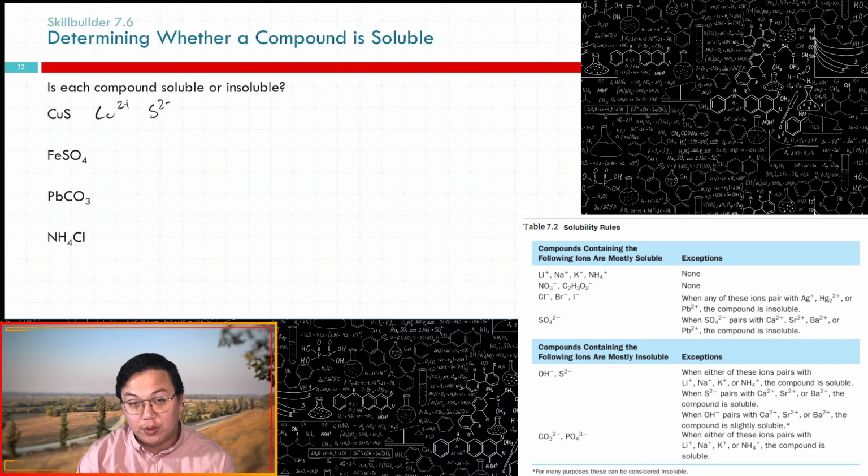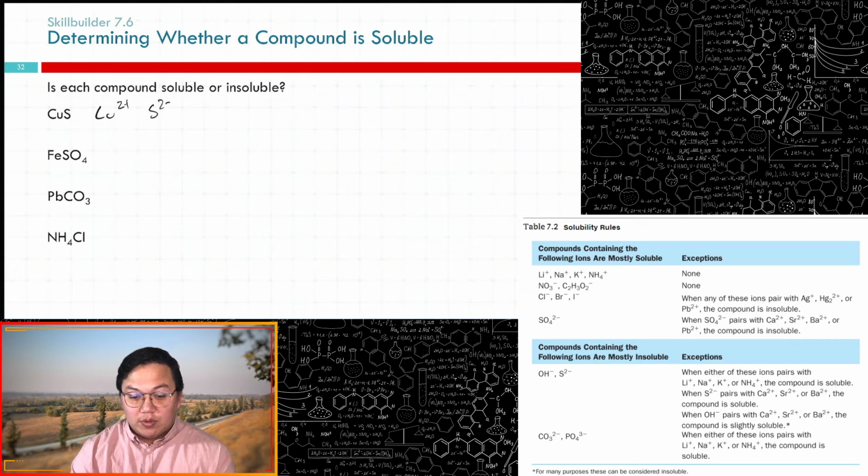So lithium, sodium, potassium are all 1A metals, alkali metals. Calcium, strontium, barium are all 2A or alkaline earth metals. So just trying to help you group these up in your mind.